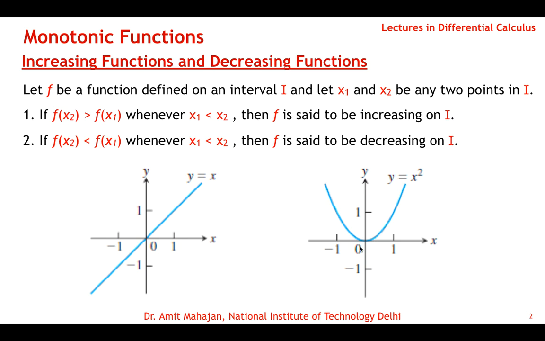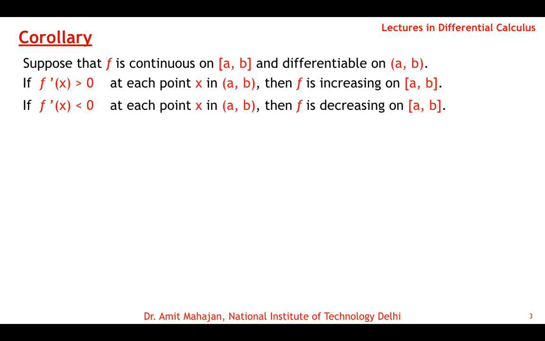So if the first derivative is negative in an interval, then the function is decreasing in that interval, and if the first derivative is positive in an interval, then the function is increasing in that interval. This is exactly what our first result says, and it's a corollary because it's an immediate consequence of the mean value theorem.